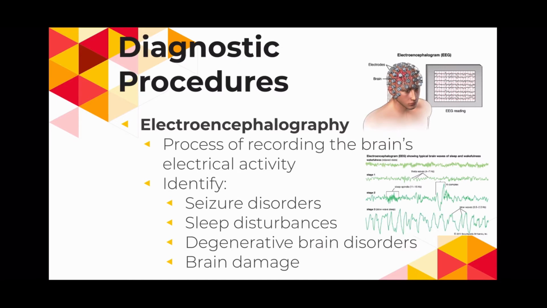So the term electroencephalography refers to the process of recording the brain's electrical activity. This procedure involves hooking up electrodes around the skull, as you can see in this picture here, in order to diagnose usually things like seizure disorders, sleep disturbances, degenerative brain disorders like Alzheimer's, and also just general brain damage.